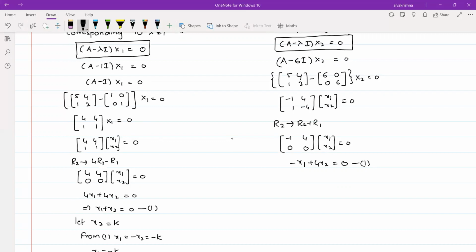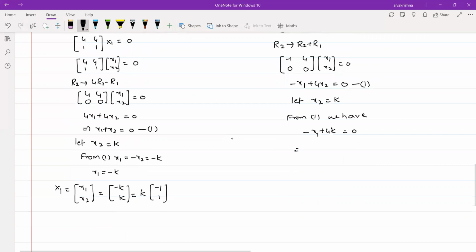So once again we have to suppose one variable: let x2 is equal to k. Immediately after supposing x2 is equal to k, we put it in equation 1. So from equation 1 we have minus x1 plus 4k is equal to 0, where in place of x2 I have substituted k.